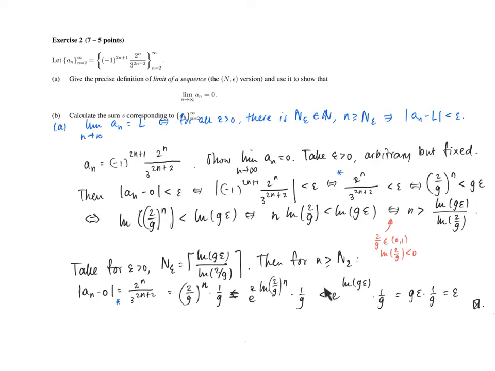And here the number is just 9 epsilon times 1 over 9, which is epsilon. So this is just exactly what we needed to show.